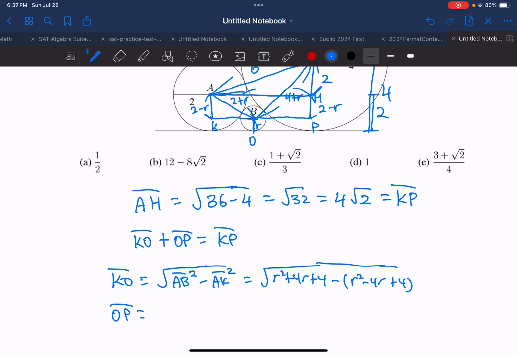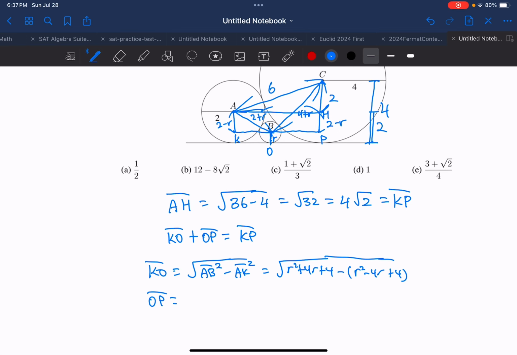Our length of OP would be using the Pythagorean theorem of the triangle OP and C. Well, not OP, it's always the same thing as B, right? So I'll just make that correction here. Yes, like this.